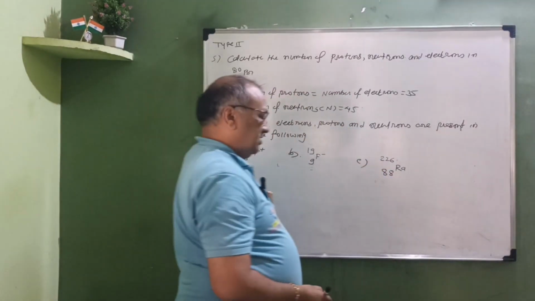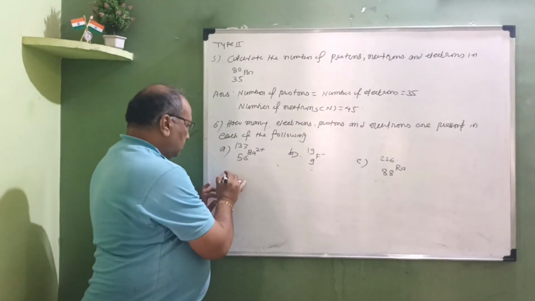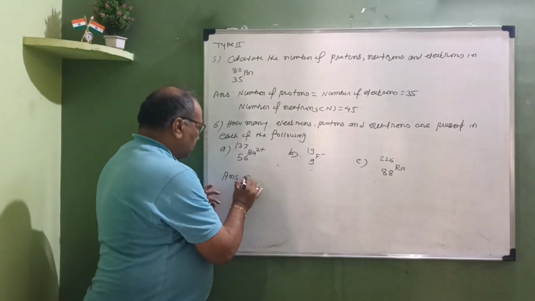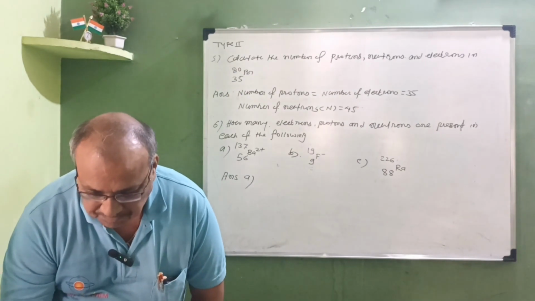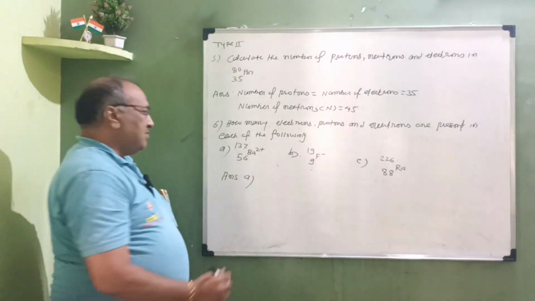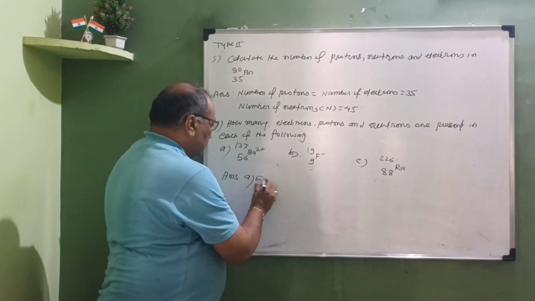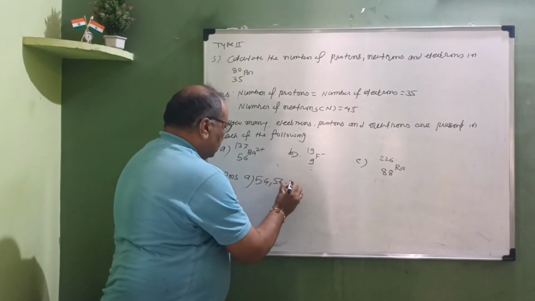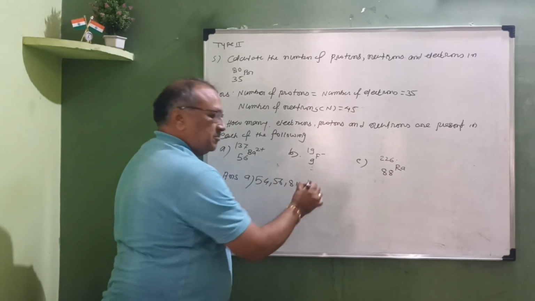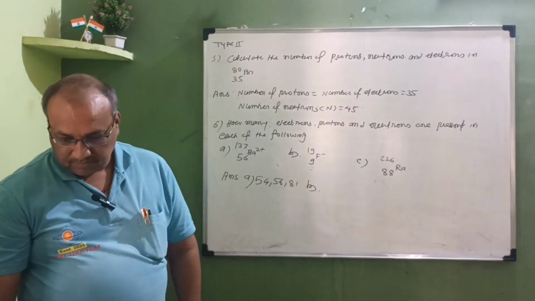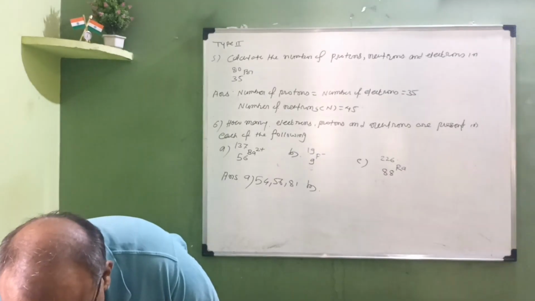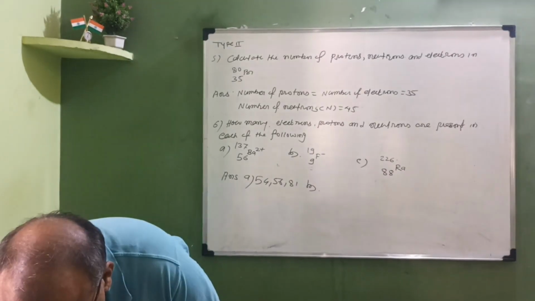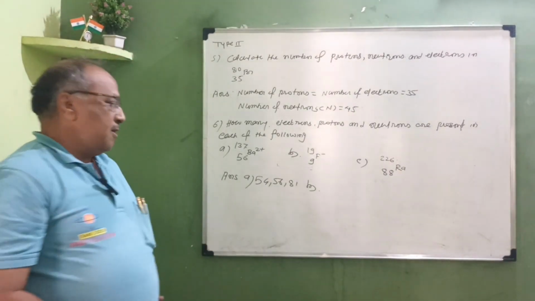Here answer is number A: 54, 56, 81. Number B: 10, 9, 10.